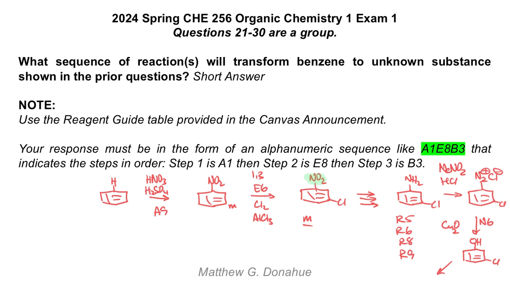And now we need to treat with a base, so you could use B1 or B6. You need a pretty strong base. Again, you want to form the alkoxide as the primary product. You don't want an equilibrium, so you get O-, Cl, and then you're installing 1 carbon with an electrophile, E17, that was the methyl iodide.